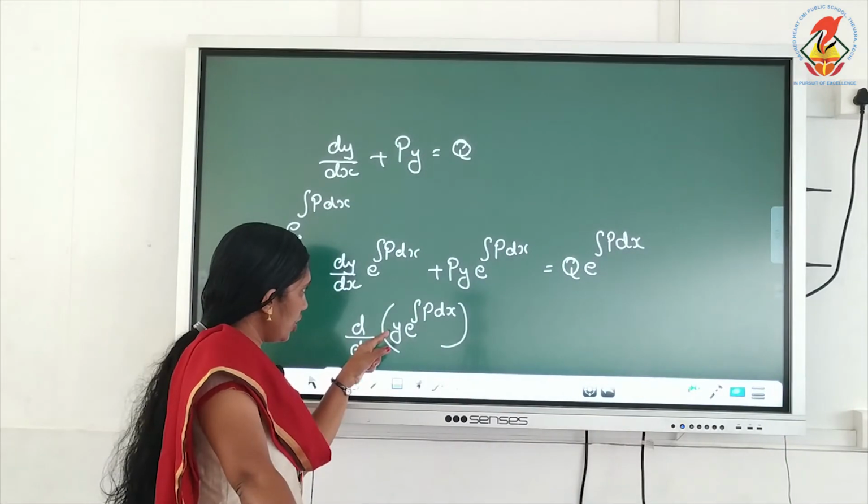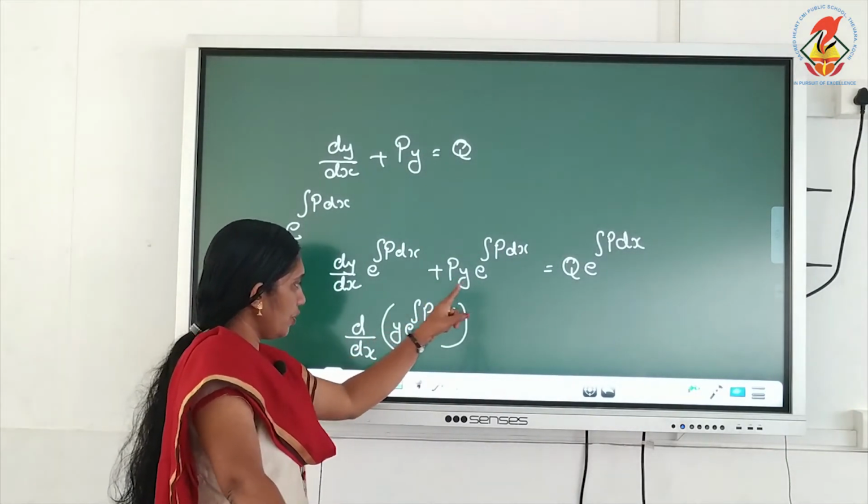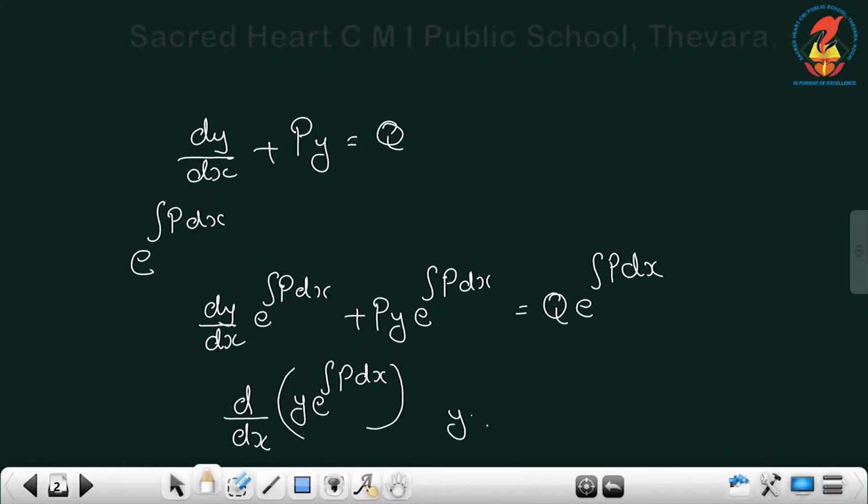First function into derivative of second, that is y into the derivative of e raised to integral p dx, which is that itself, and then p, so that p you have to write.